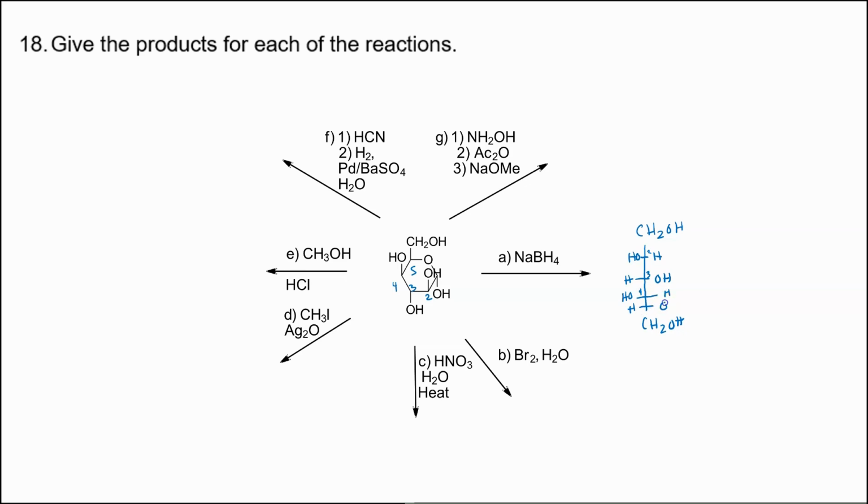And 5 is just, we'll just use the D. For the Br2, that's going to oxidize the top one. Everything else stays the same. Nitric acid, we're going to oxidize both.